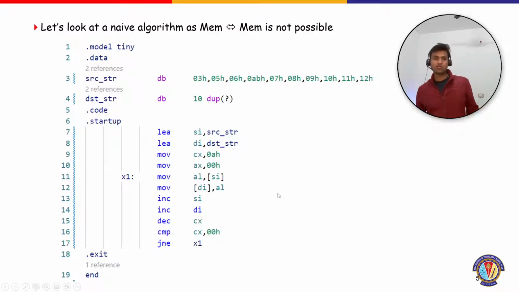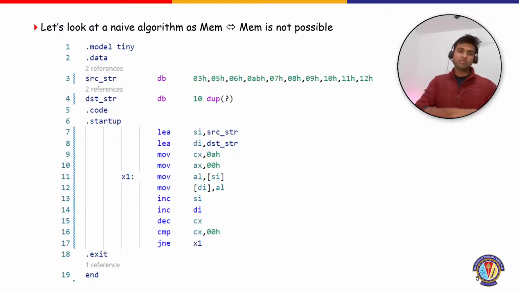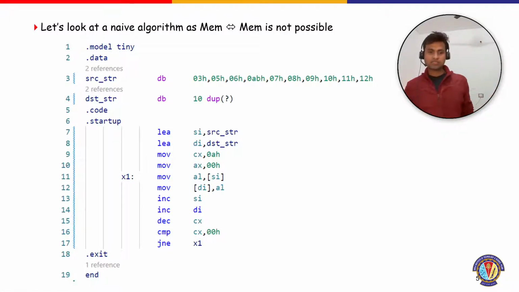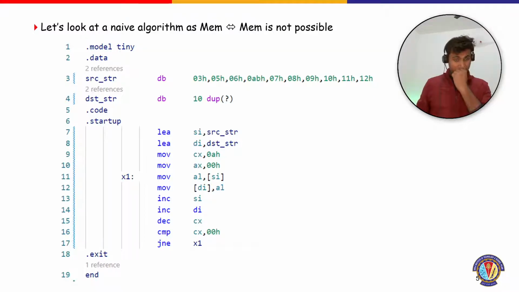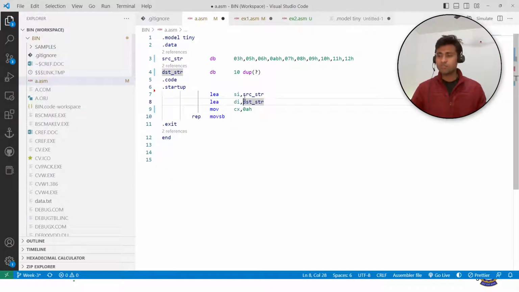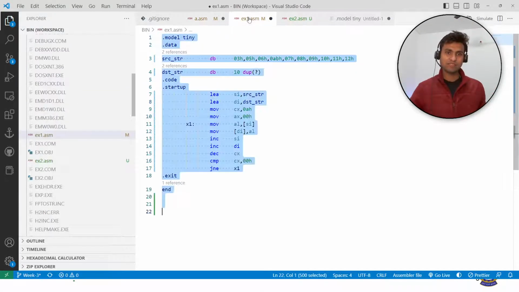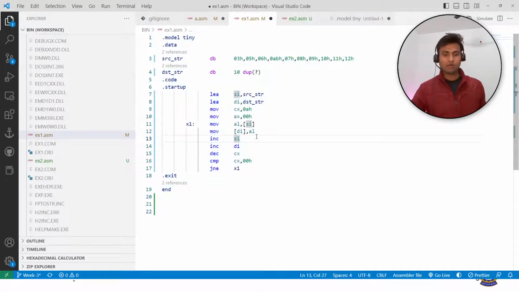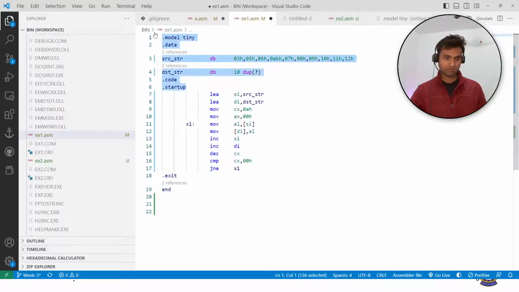Okay, so let's look at the naive algorithm. Since memory to memory is not possible, let's actually type this, because you might have seen the code written in many places, but not everywhere. So let me create a new file and copy this basic thing for you.